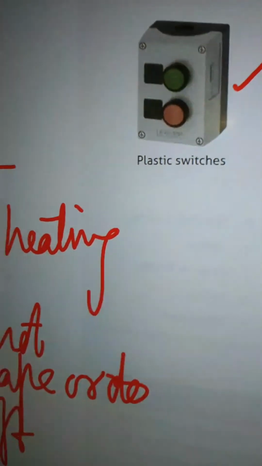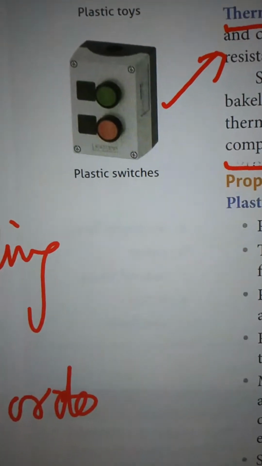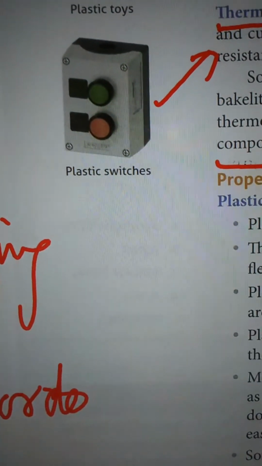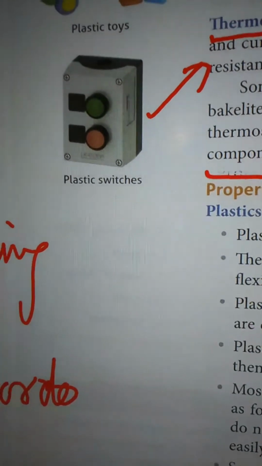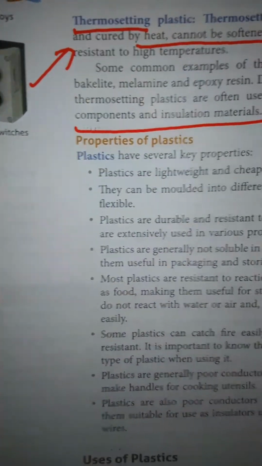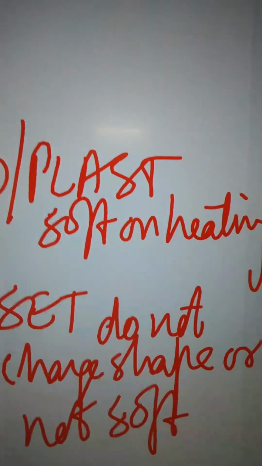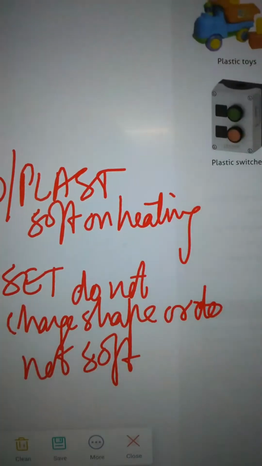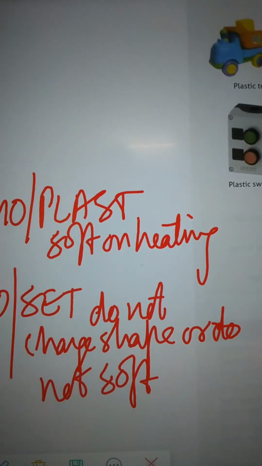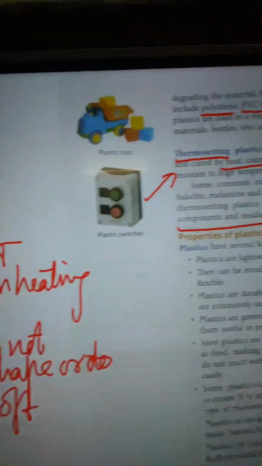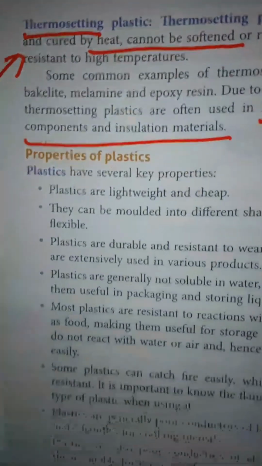If you pass electric current through switches, they do not become soft. But sometimes high voltage comes, so the switch turns black and cannot regain its shape. But polythene, a thermoplastic, you must have seen becomes soft when you heat it or keep it in sunlight, and when you bring it in the cold, it will again come back to shape. So that is the main difference.